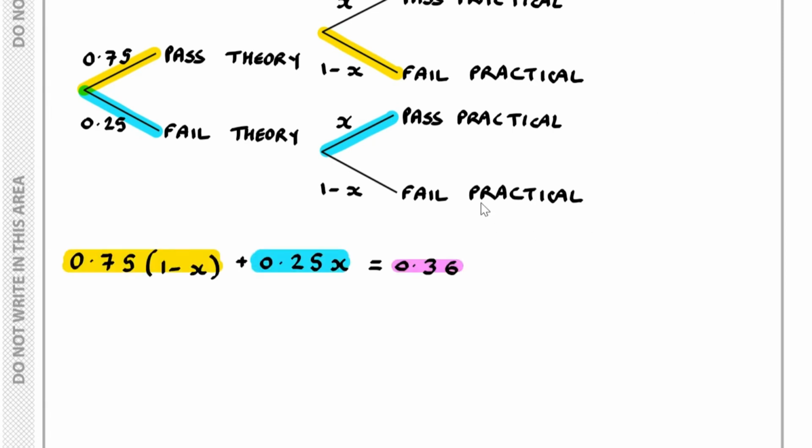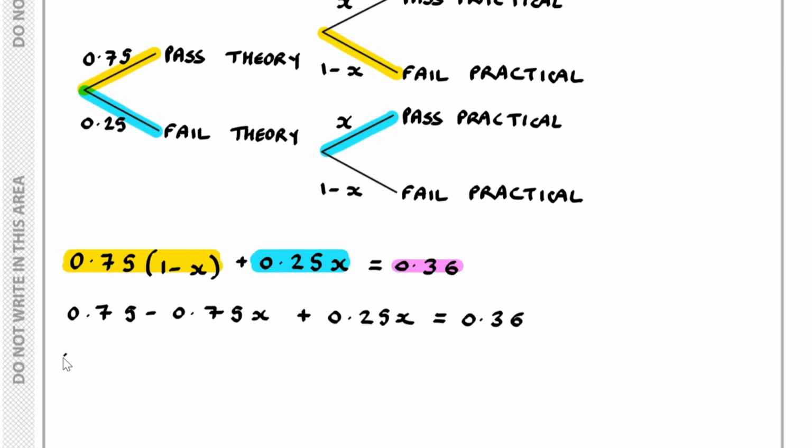So what we need to do is find out what x is. So I've got 0.75 minus 0.75x plus 0.25x equals 0.36.